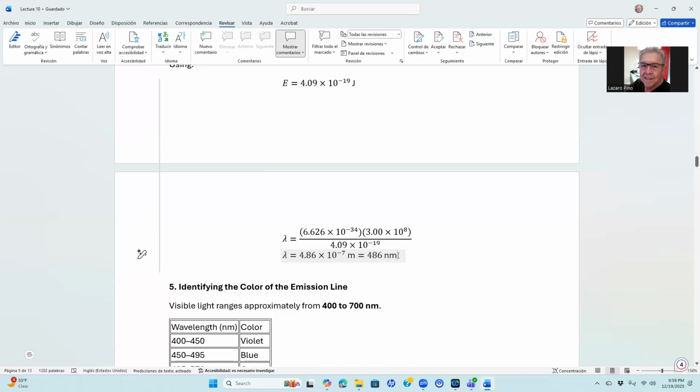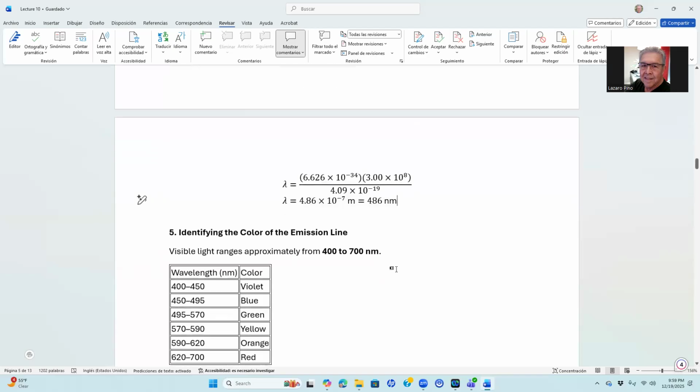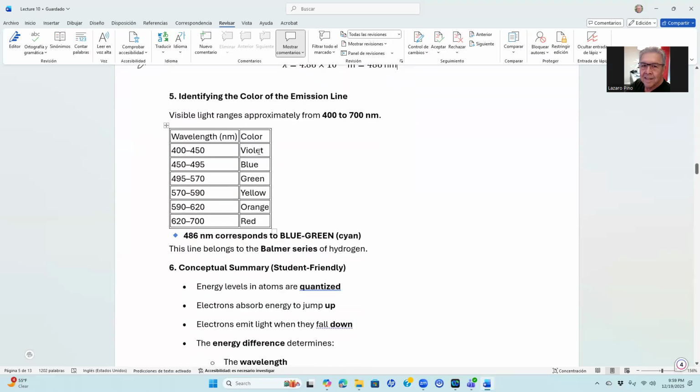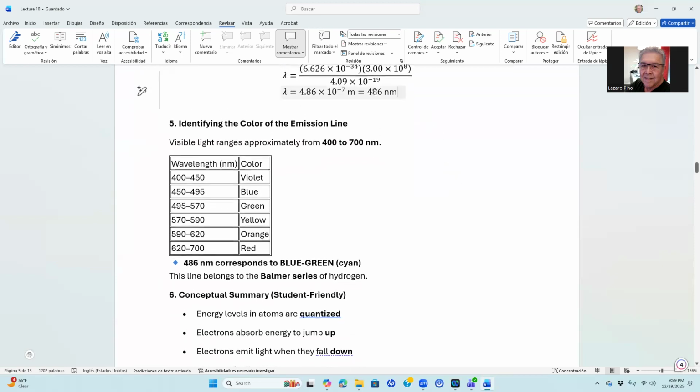It is equal to 486 nanometers. If you go to the wavelength of the different colors in the spectrum, you can see that 486 nanometers corresponds to the blue color. So you can say that it corresponds to blue-green, cyan.